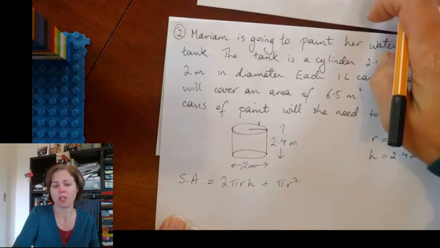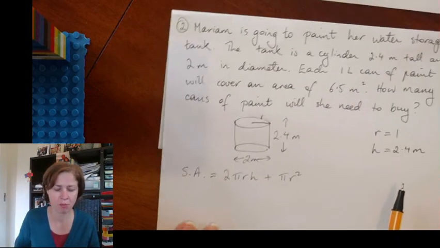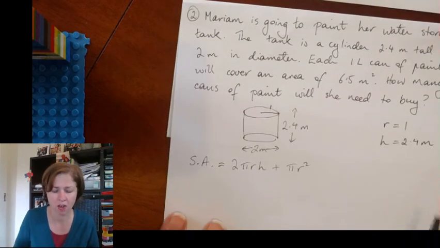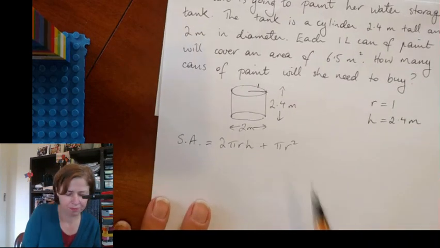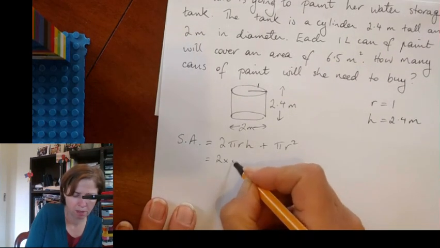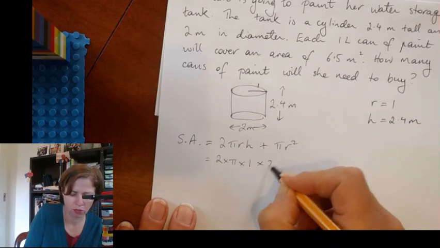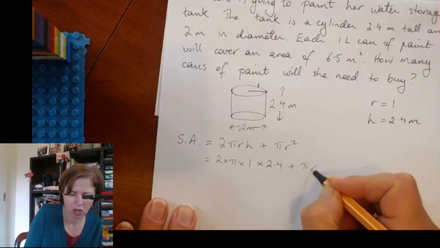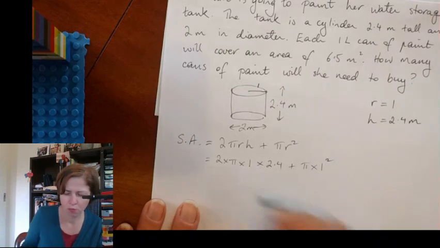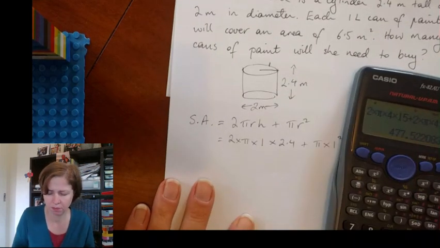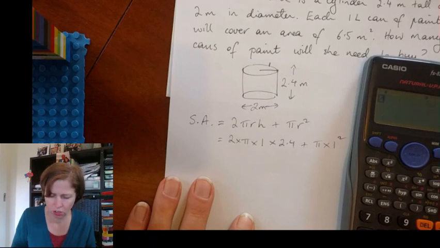So then all I need to do is put my numbers in and put them into my calculator and I'll have the area of the cylinder. So 2 times pi times the radius is 1, the height is 2.4, plus pi times 1 squared. Put that straight into my calculator now. 2 times pi times 1 times 2.4.